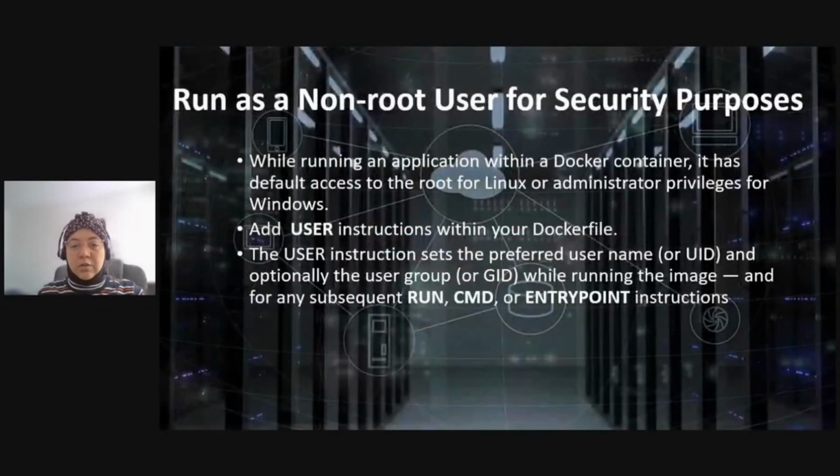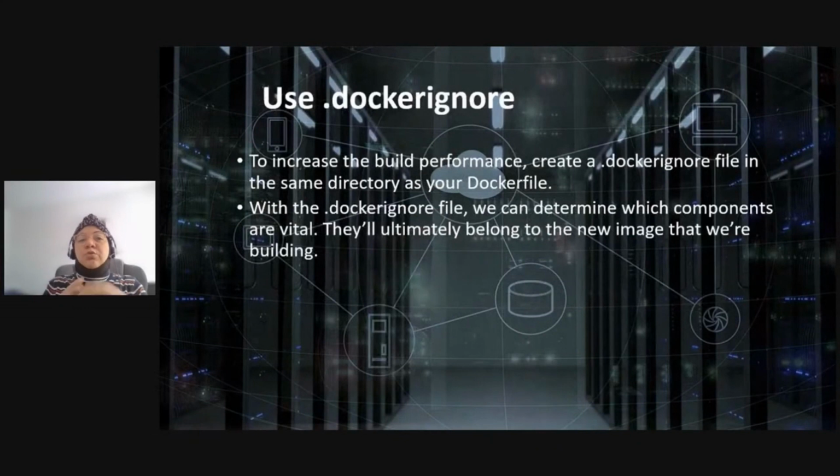Let's go back to our next best practice, which is to use .dockerignore to increase the build performance. It's really one of the best practices that we recommend: create a .dockerignore file in the same directory as your Dockerfile.